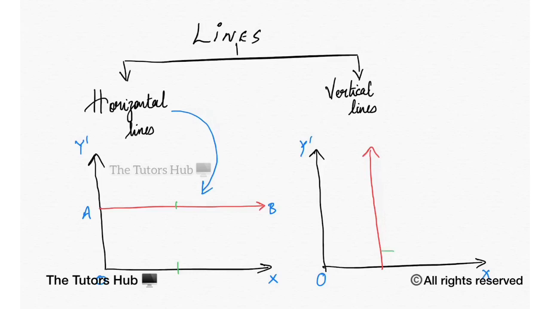Is that clear? So this line is called a vertical line. In general, a line parallel to the x-axis is a horizontal line, and a line parallel to the y-axis is a vertical line.